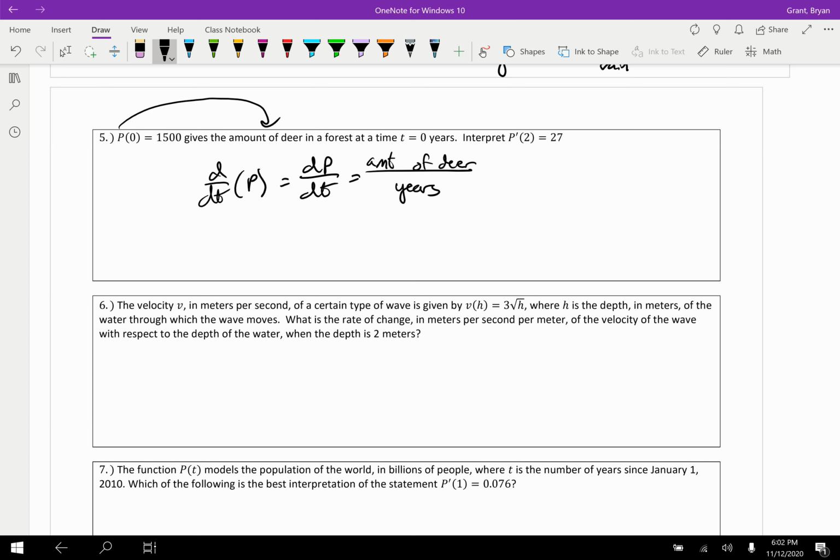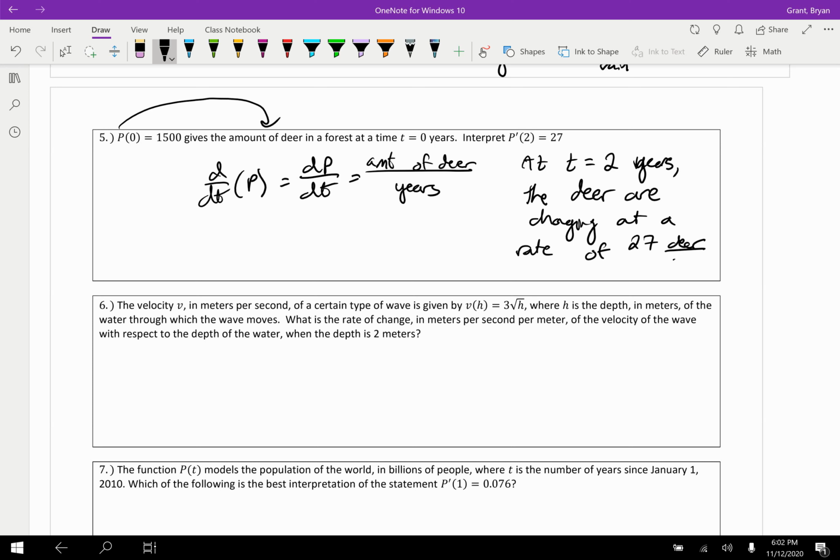So if we wanted an interpretation of P prime of 2 equals 27, we would say at, not over, at a time equals 2 years, the deer are changing at a rate of 27 deer per year. And see how easy it is once you have the units there? You just tack it on to whatever the derivative is, and you're just fine.